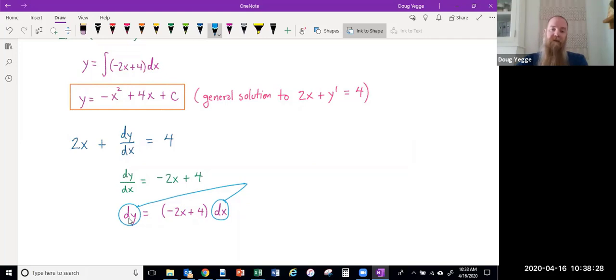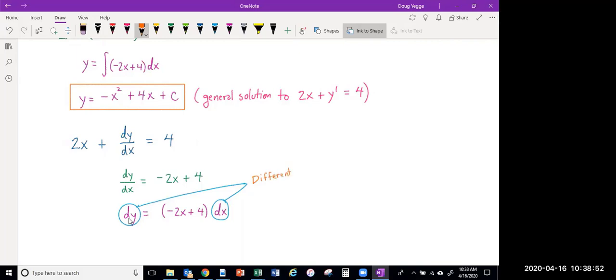But separately, they actually have another name. Anybody know what together these dy and dx are called? Starts with a D. Anybody? Differential.